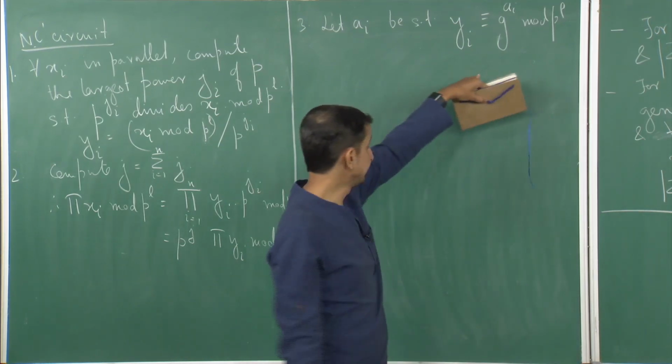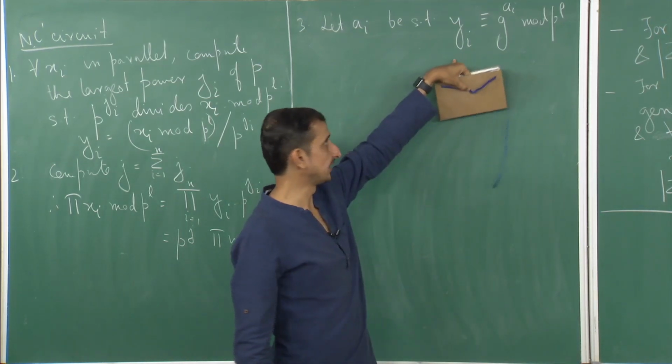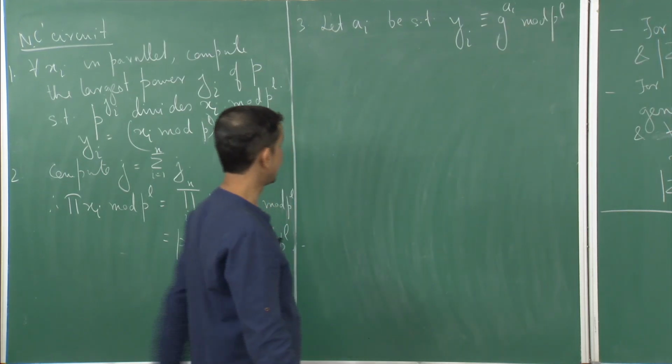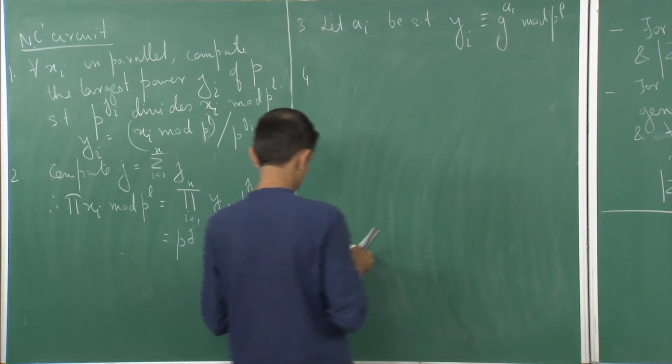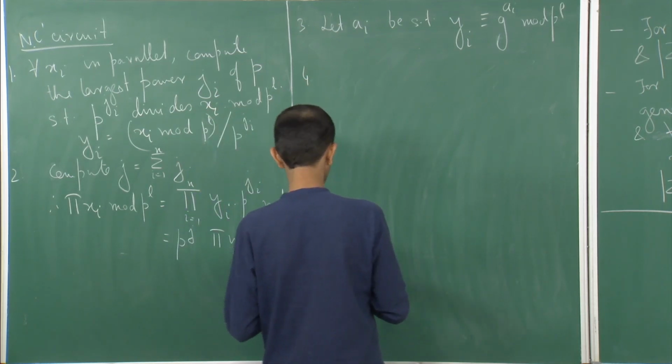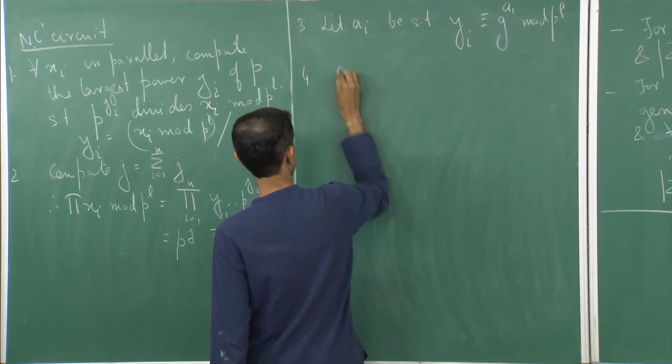Okay, so here we again just look up the table. So we are given yi, I just look up the table and I find ai over here. We sum all the ai's.